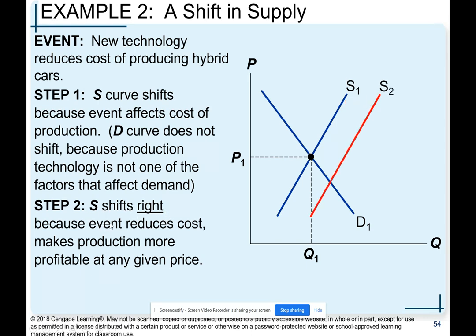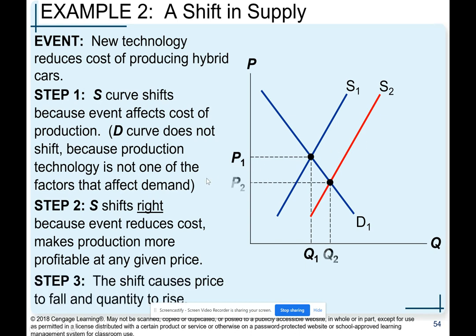Step two, the supply curve shifts right because the event reduces cost, making production more profitable at any given price. And as you can see, supply shifts from S1 to S2. Step 3, this shift causes price to fall from P1 to P2 and quantity to rise from Q1 to Q2.